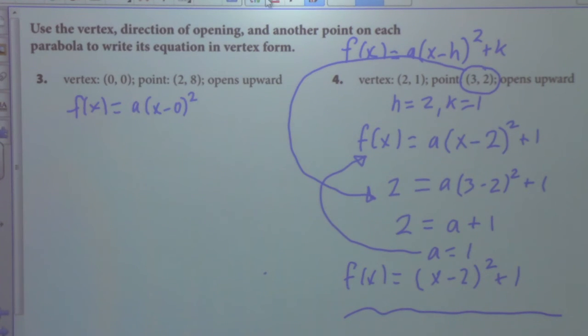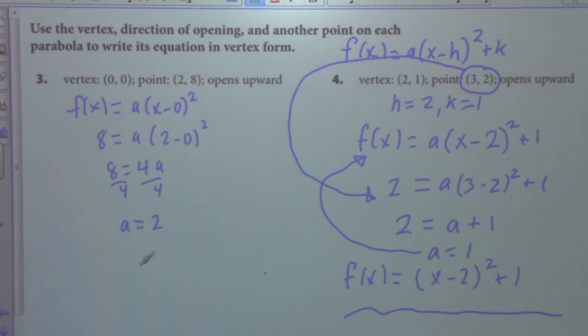And then you plug in the point, so it'd be 8 equals a, open parentheses, 2 minus 0, close parentheses, squared. And then it'd be 8 equals 4a. So you divide by 4, it's a equals 2.